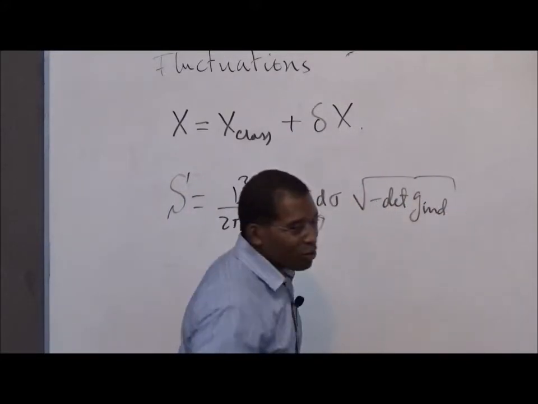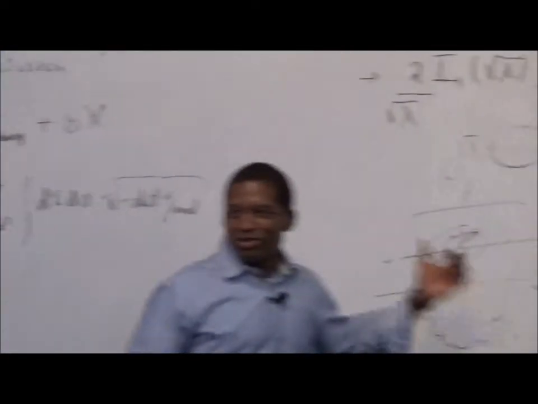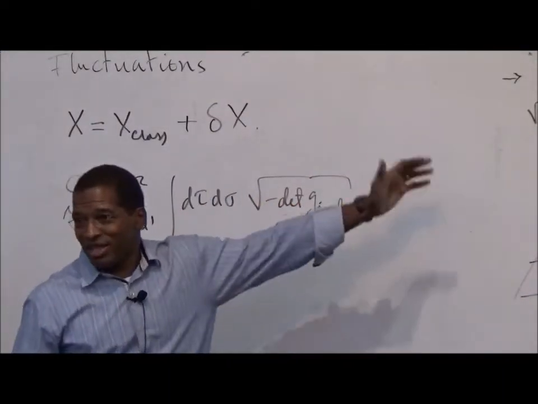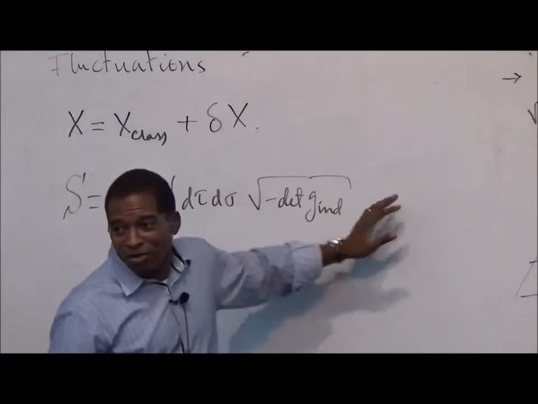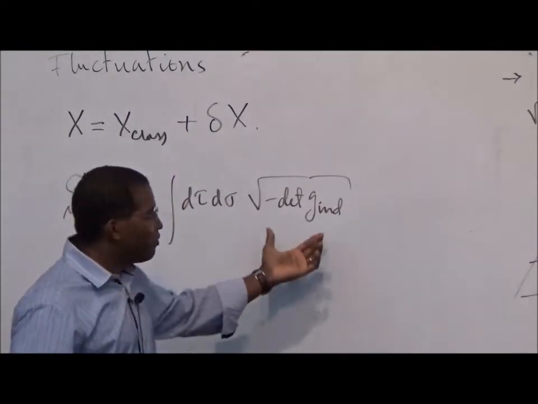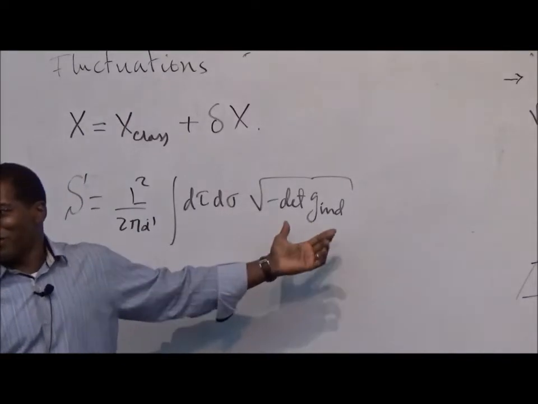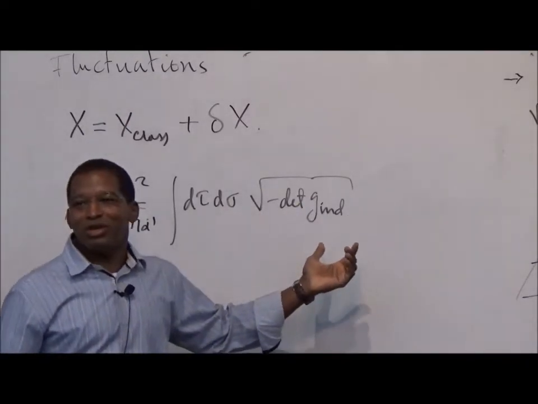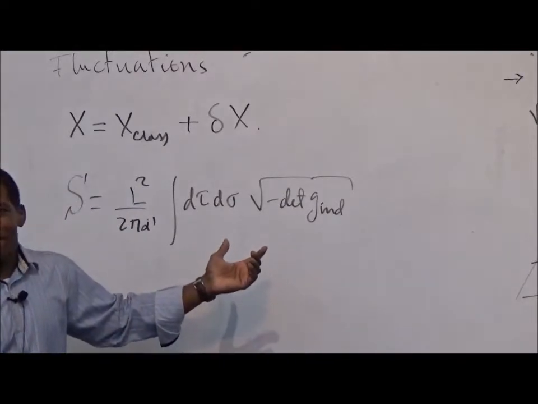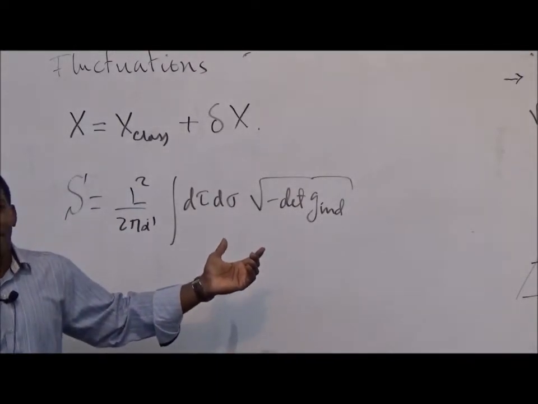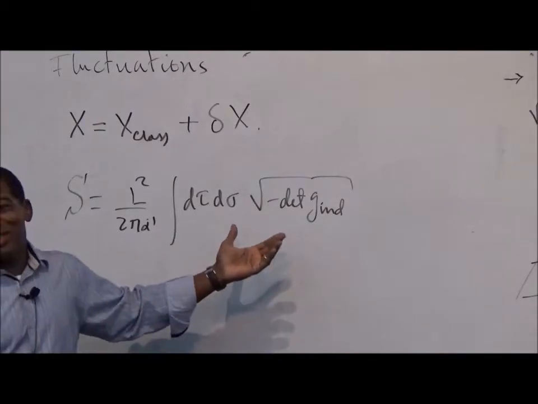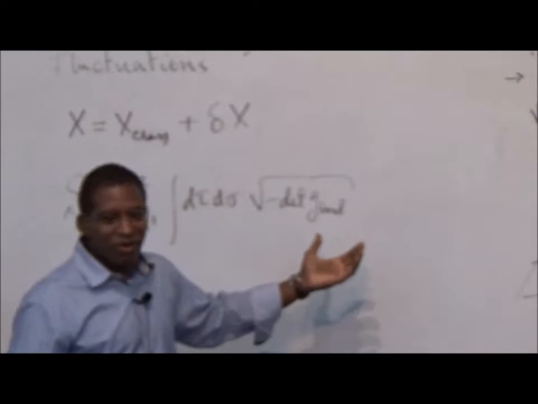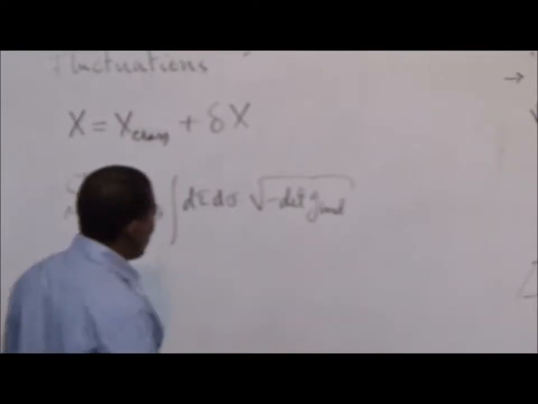So now I have to go back and compute G induced that allows these fluctuations, and I will write everything to second order. I also gave you a formula for expanding these things to second order. Remember, first order is going to be 0. Why? Because it's the saddle point. It solves the equation of motion, which is essentially the linear variation. So I only will get the second order.